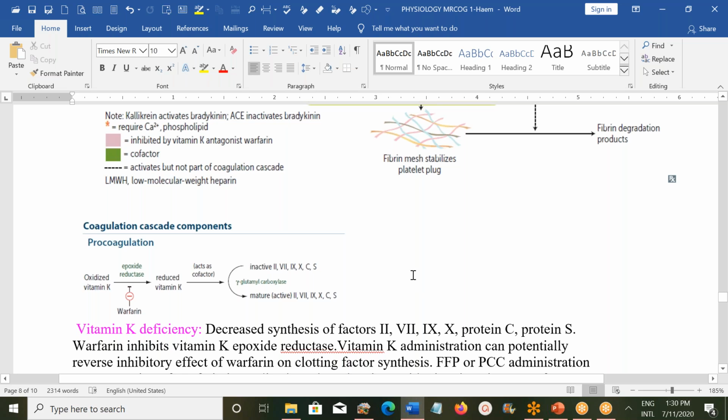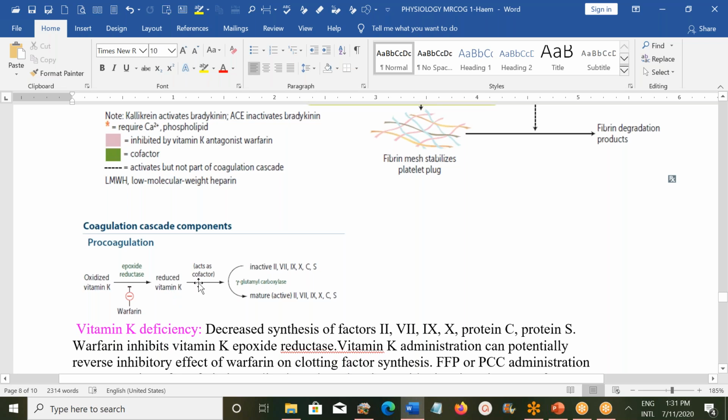So the coagulation cascade, if we roughly describe it, has a stage of coagulation followed by the coagulation. Oxidized vitamin K is there, and here warfarin is going to stop the enzyme epoxide reductase. So there will be reduced vitamin K, and then what will happen?